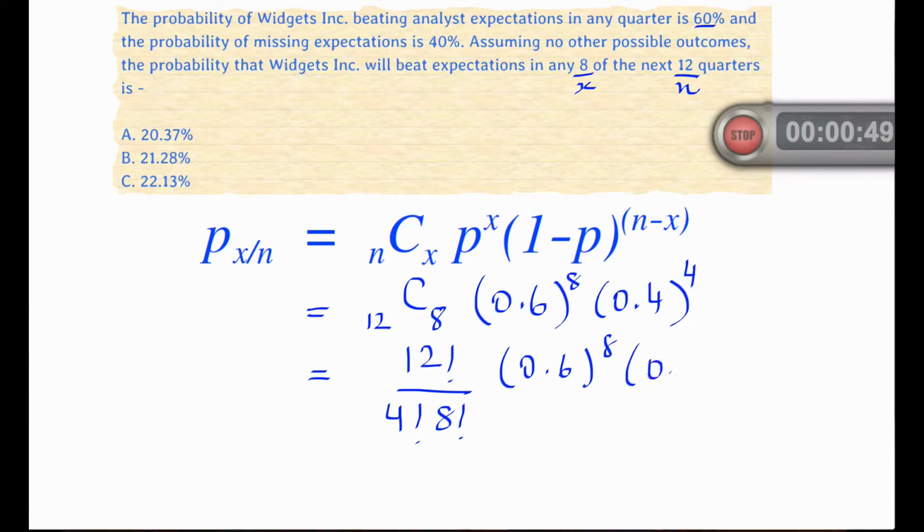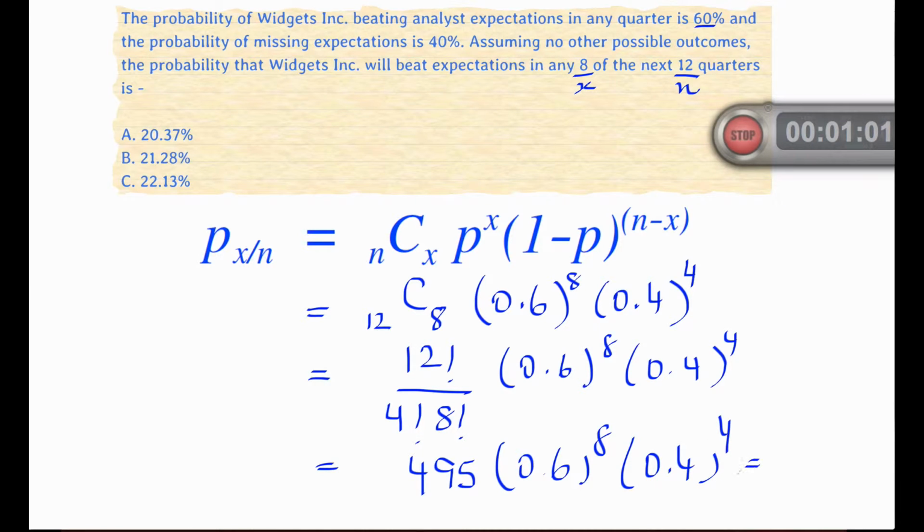So working out the numbers, we get the final answer as 21.28%. That makes B the correct answer.